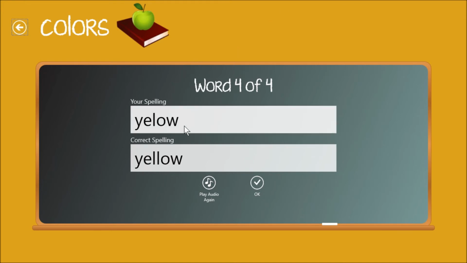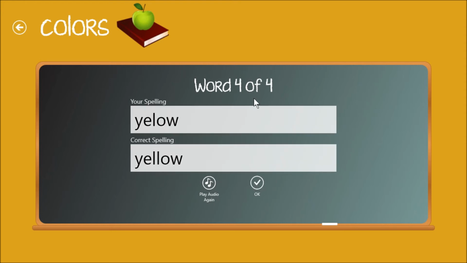So it's showing me the spelling that I entered, the correct spelling, and I have a chance of listening to the audio again. So this is a really great way of training yourself to relate the pronunciation with the spelling.